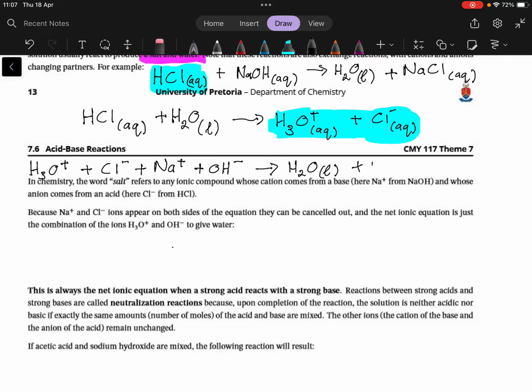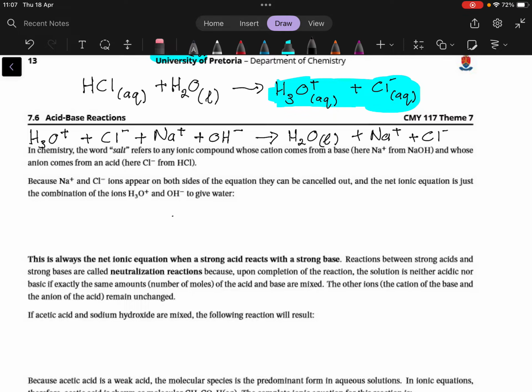And then there's sodium ions plus chlorine anions. So how do we write a net ionic equation for this? Well, we look at what is on both sides. We see there's a chlorine anion on this side, and there's a chlorine anion on this side. We see a sodium, and we see a sodium. And the others are just there.